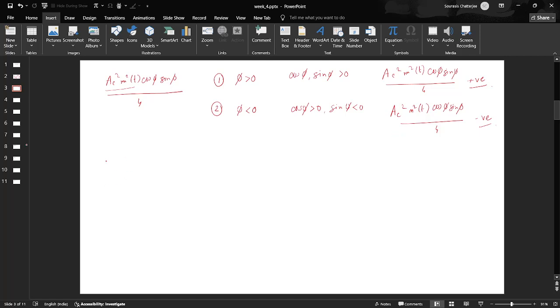So what we get: for leading phase, voltage positive; for lagging phase, the voltage is negative.